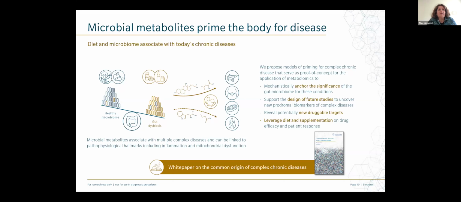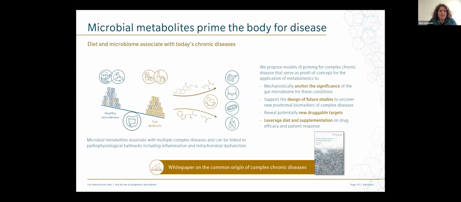And what we did is we proposed models, so mechanistic models, for priming for complex chronic disease. And this included cancers, autoimmune disease, and neurological and psychological diseases. And these models serve as proof of concept for the application of metabolomics in different contexts. So we describe how you can use metabolomics, of course, to anchor the significance of the microbiome on a mechanistic level to different diseases.